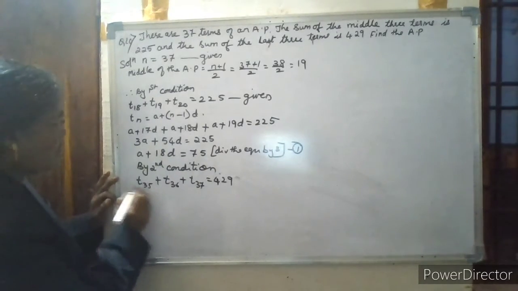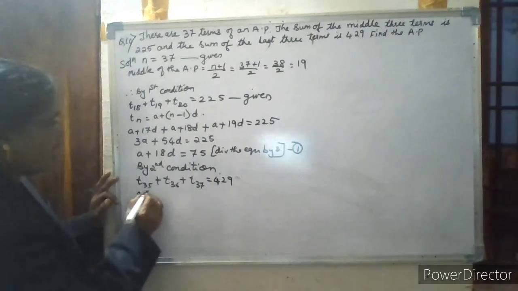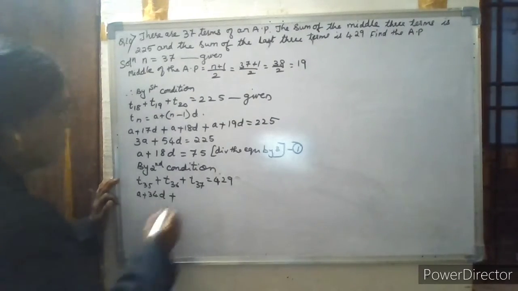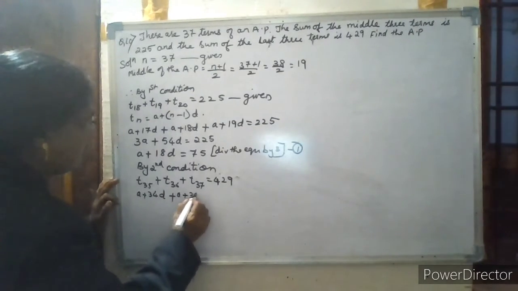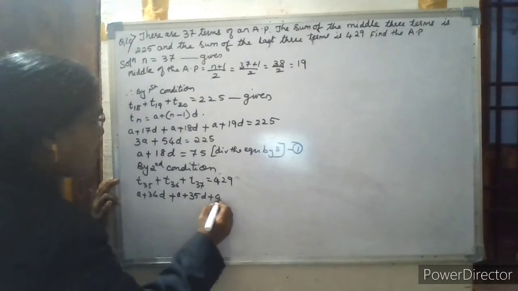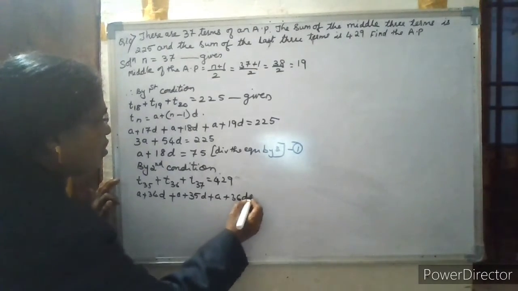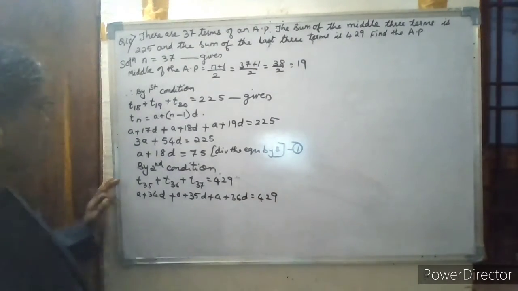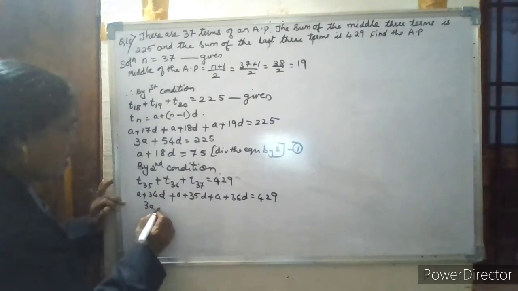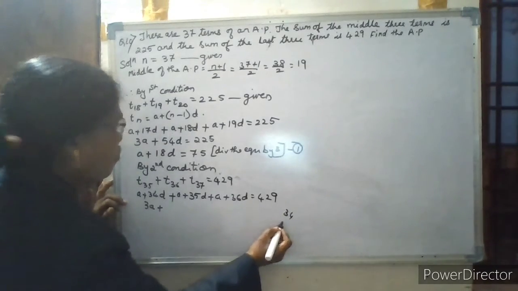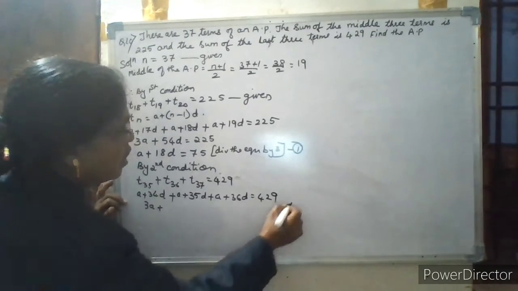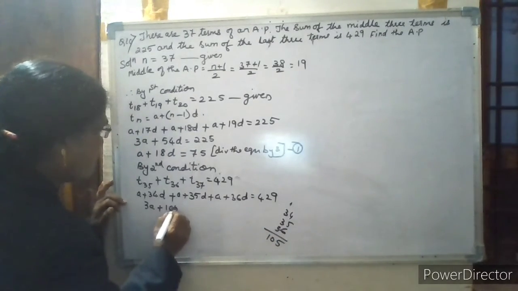So it is a + (35 − 1)d, that is a + 34d, plus a + 35d, plus a + 36d, is equal to 429. Here a plus a plus a is 3a, plus now add 34, 35 and 36, which gives 105d, is equal to 429.